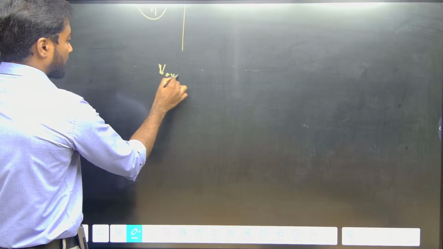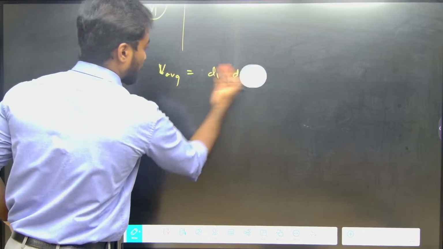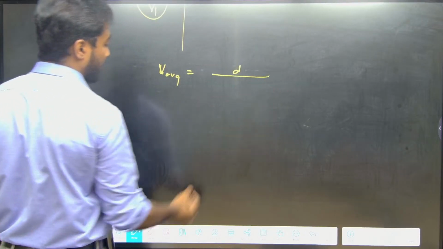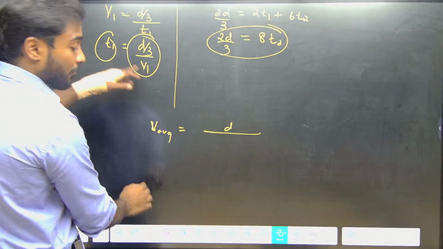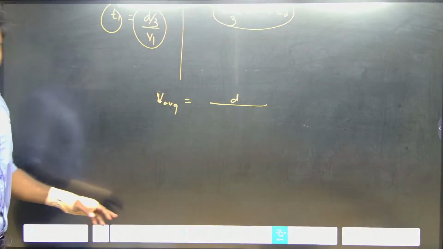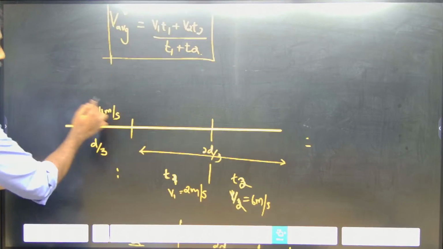V average will be equal to d1 plus d2 plus d3, which is nothing but total d only, no? So d divided by t1, which is d by 3 v1. What was the V1 here? 4.